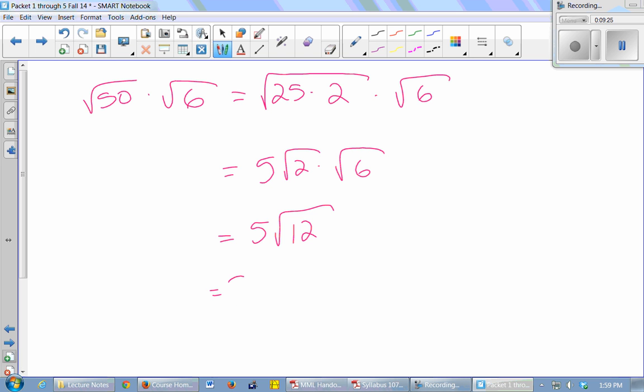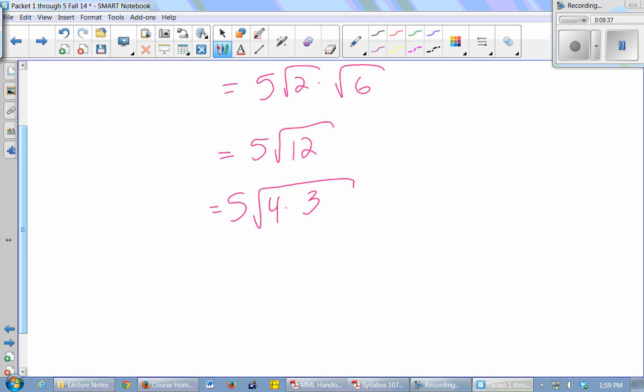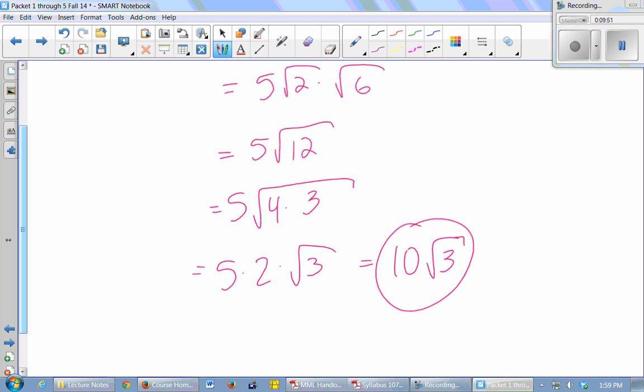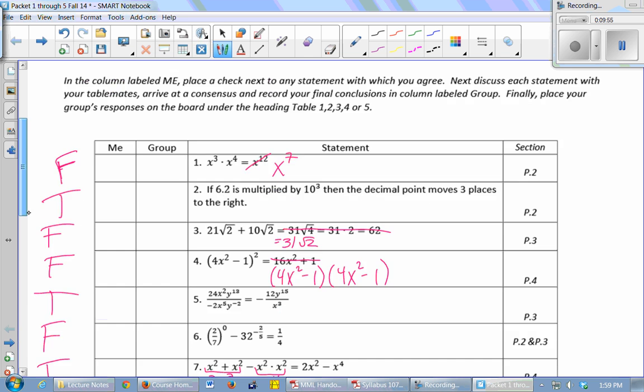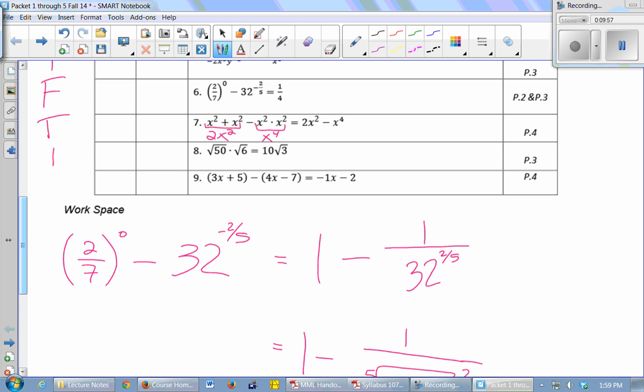So I could rewrite this as 5 times the square root of 4 times 3. But the square root of 4 is 2. So this becomes 5 times 2 times the square root of 3, which is 10 root 3. Same answer, right? A few more steps. All right, so that number 8 actually was true.